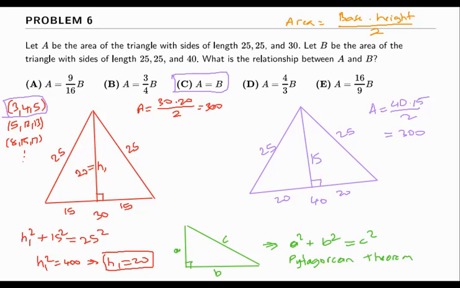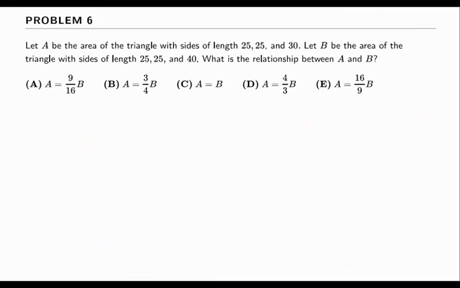So the second approach, without really using Pythagorean: whenever you have 3 sides, it is good to use Heron's formula. Let me write how that looks. You may use Heron's formula if you want to find the area of a triangle and you know the 3 sides.